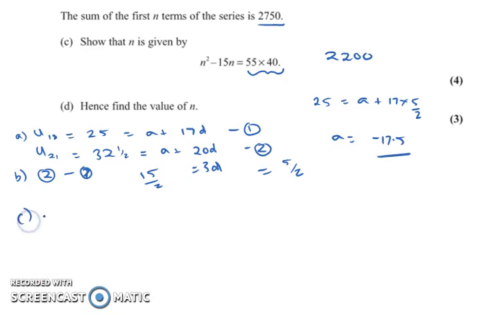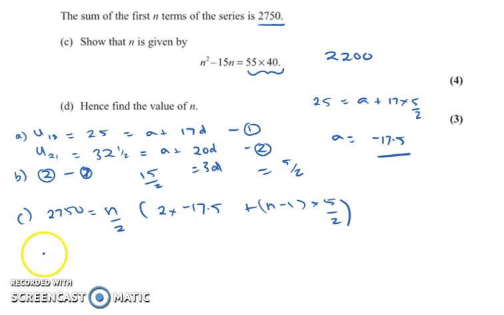Right, let's go down where there's a bit more space. Part C. We have that Sn is 2,750, and that equals n over 2, 2 lots of A, 2 lots of minus 17.5, add n minus 1 times D. Not great numbers to work with, but we'll just keep persevering. 2,750 equals n over 2. 2 times minus 17.5 is minus 35.